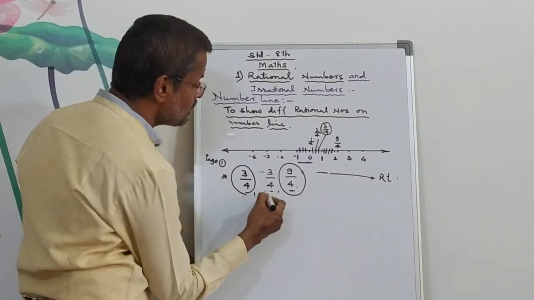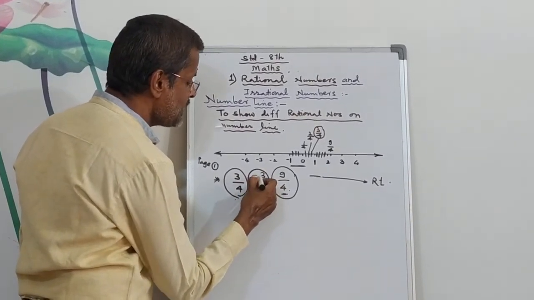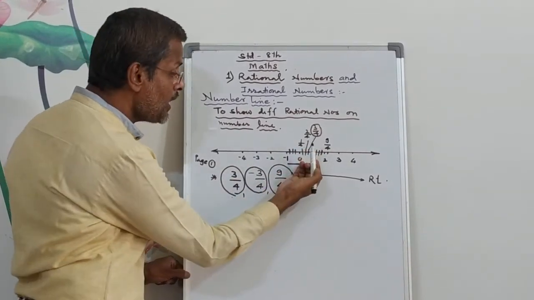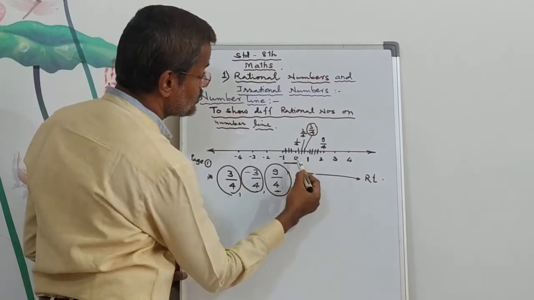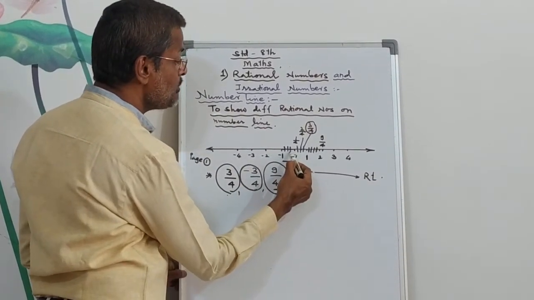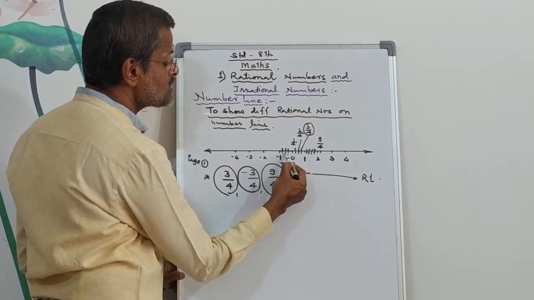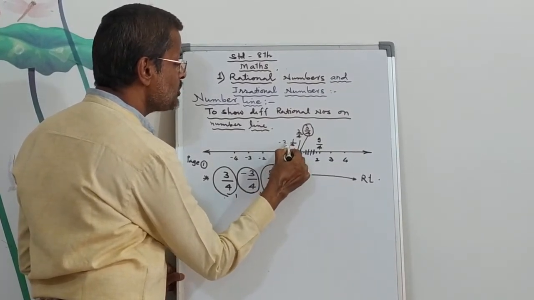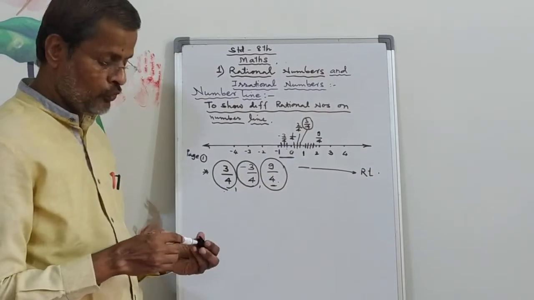Let us turn towards negative 3 upon 4. Minus 3 upon 4 will lie towards the left hand side of 0. Here we will start counting. This will be minus 1 upon 4, minus 2 upon 4, minus 3 upon 4. This particular number is minus 3 upon 4.